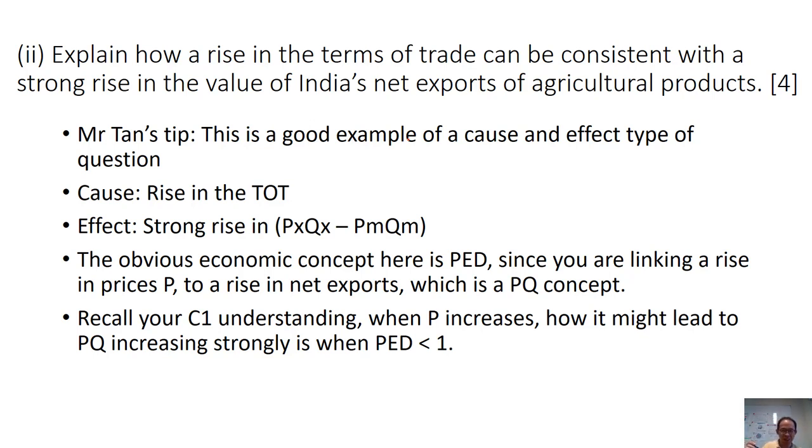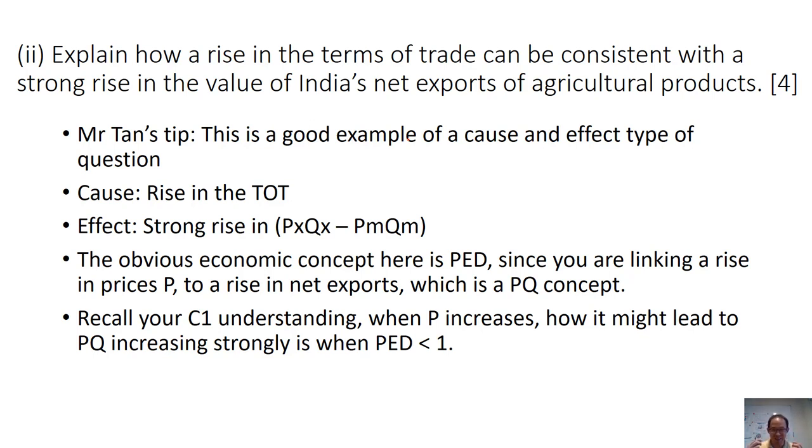Given your part 1, the price of exports could be the one that increases. Now, by the law of demand, if the price of exports is higher, you would think that the quantity demanded of exports should be lower. Without using PED, you don't really know how the total export revenue will change.